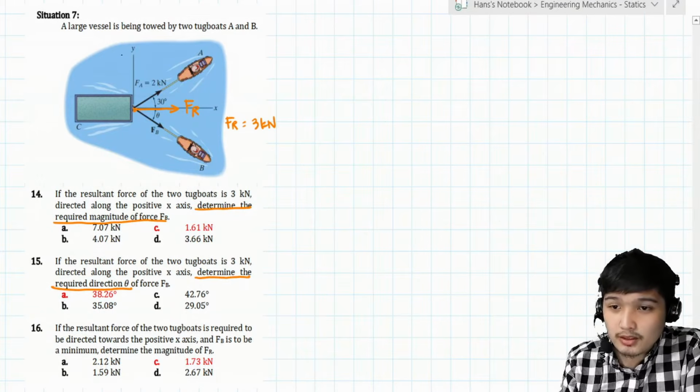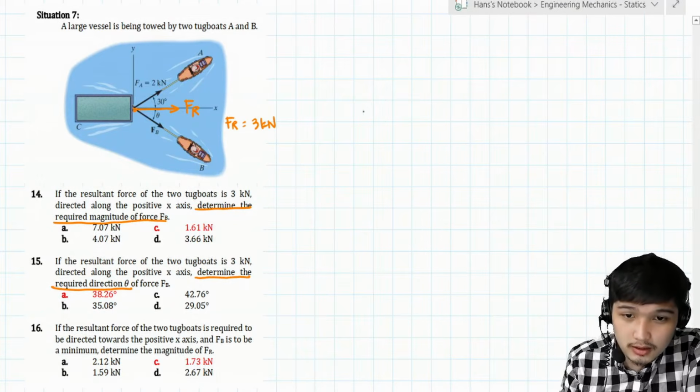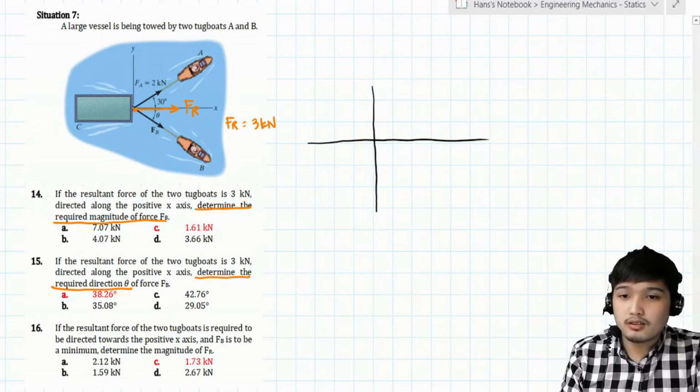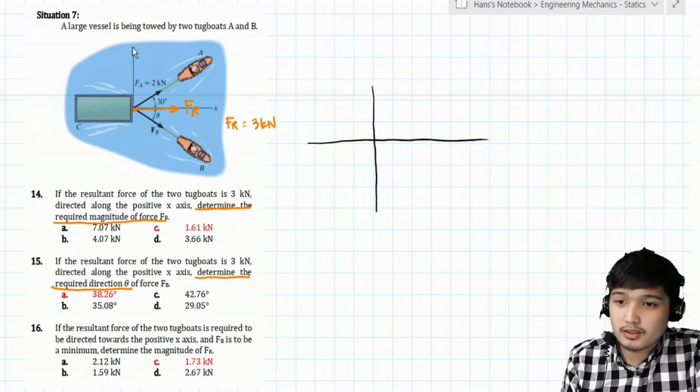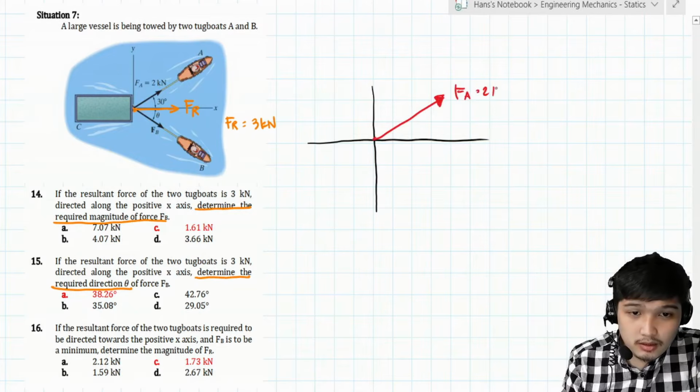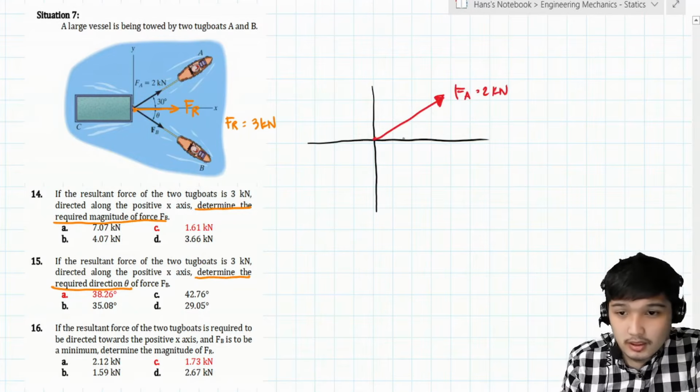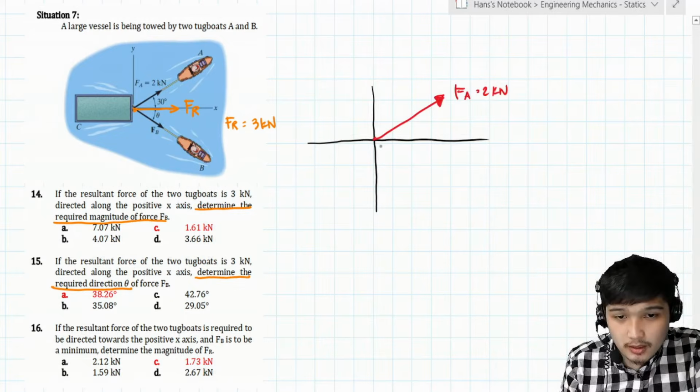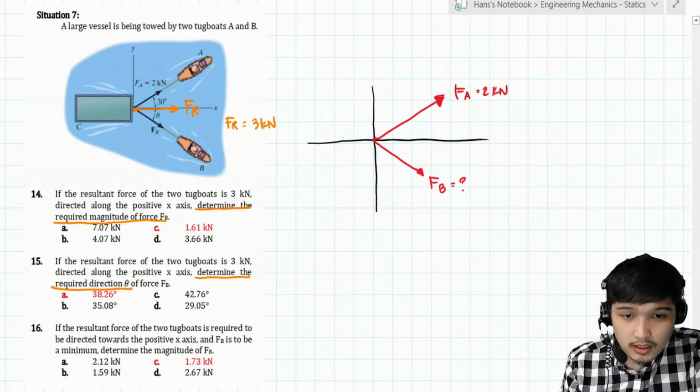So drawing ko lang siguro, extract ko lang siya. So drawing natin yung two forces. So ito yung FA, 2 kilonewtons. And then yung FB is somewhere here. So hindi natin alam. So wala rin siyang angle.